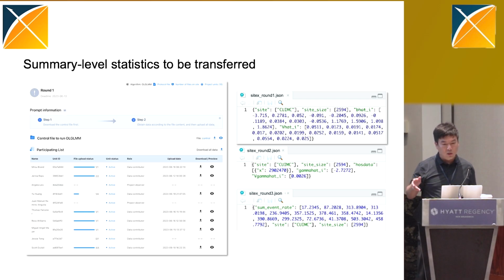For logistic regression model, because it's a non-linear model, one round of communication turns out to give you a very close answer because a number of models are highly convex. So one step can give you very good results. But if you have more complex models, say you want to run an SVM, support vector machine, or quantile regression, then we need to have a separate conversation. That will be more complicated.